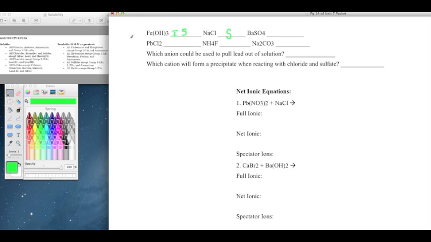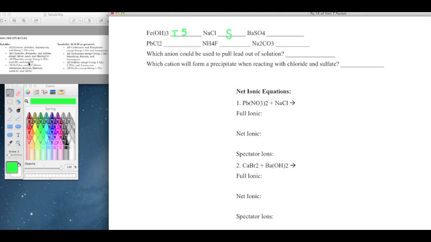Let's look at one more together, and then I'm going to have you do some on your own. SO4 is sulfate. So let's find my sulfate in my table. Oh, all sulfates except calcium, strontium, barium. Oh, here's an exception. So I've got a sulfate, and I have an exception. If this is an exception within the soluble rule, what that means is that it's going to be insoluble.